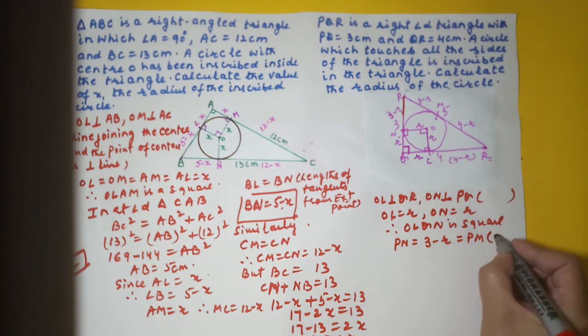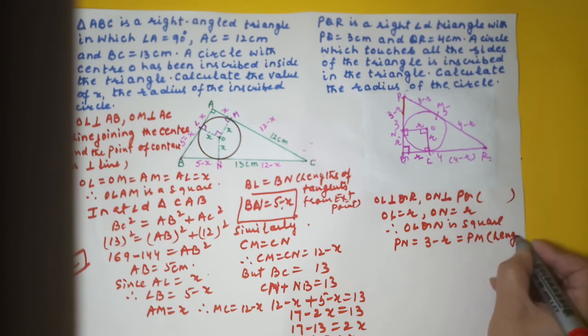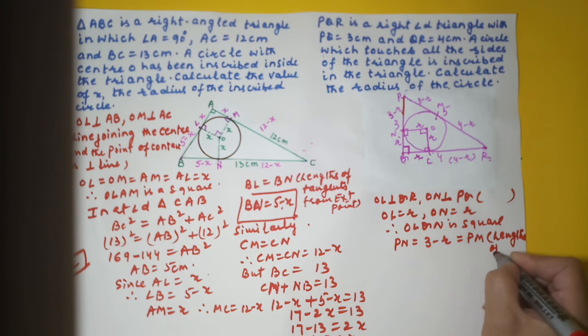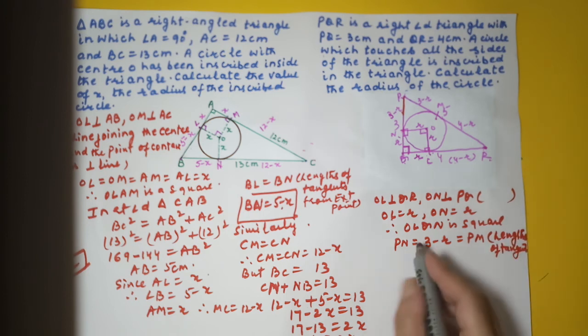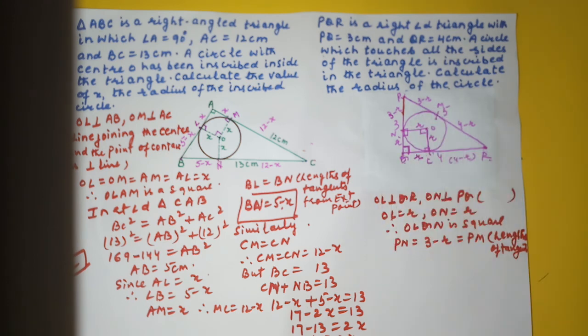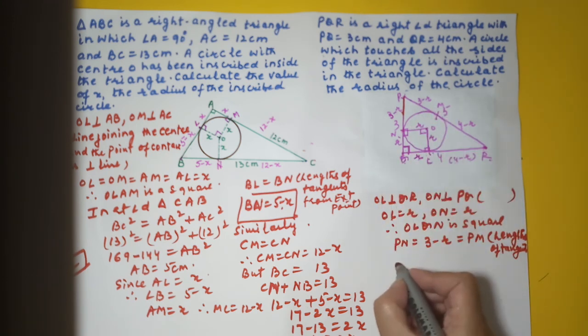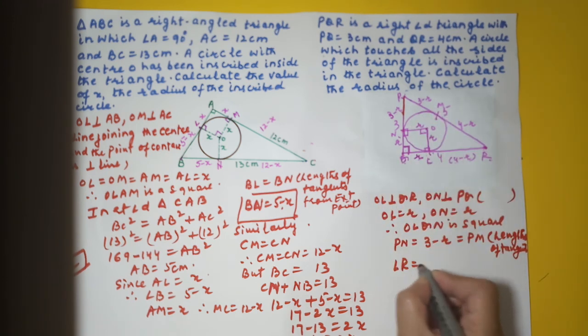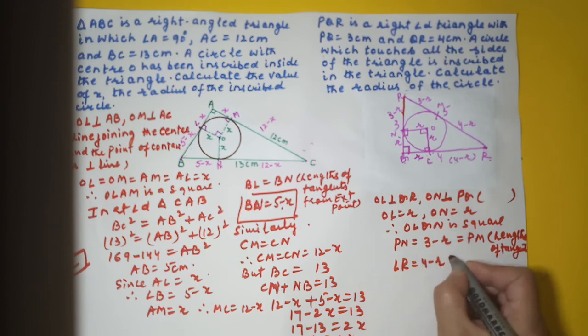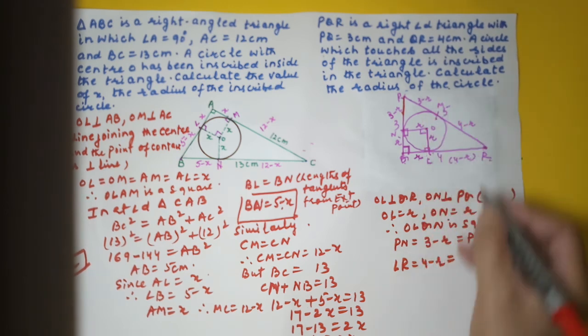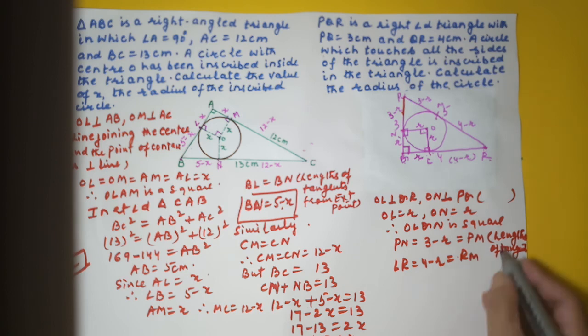Because they are the lengths of the tangents drawn from the external point. So you got PM as 3 minus R. Similarly, you can write LR is equal to 4 minus R, which is equal to RM. Same reason you can give.